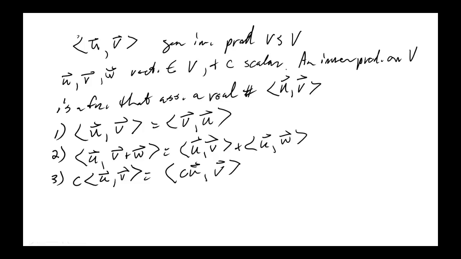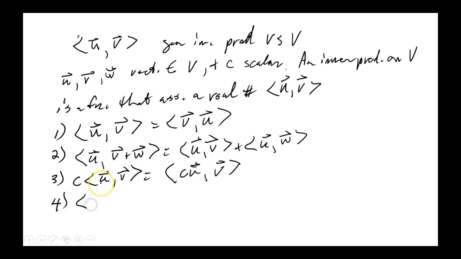What they didn't say is that it would also be ⟨u, cv⟩. That would have been fine too. You don't have to have it just on the first; it could have been on either one of them. And you sort of get that if you go back and combine it with number one.